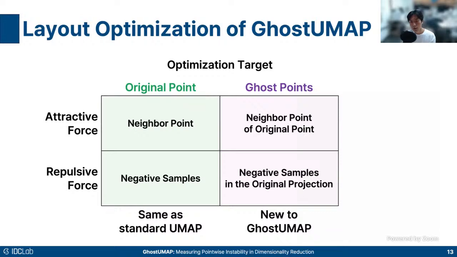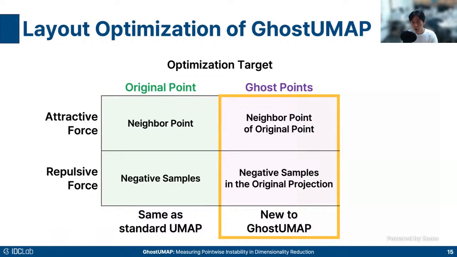This table shows how the attractive and repulsive forces are applied to the original and ghost points. For the original point, both forces are applied exactly the same way as in the standard UMAP. As a result, the original projection is identical to the result of a standard UMAP.